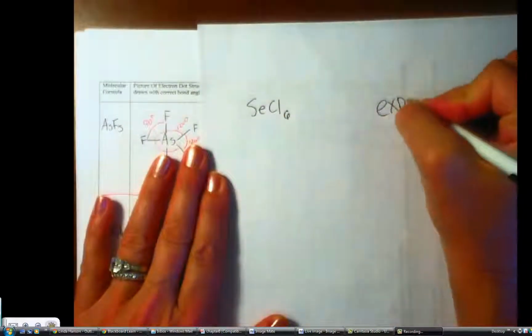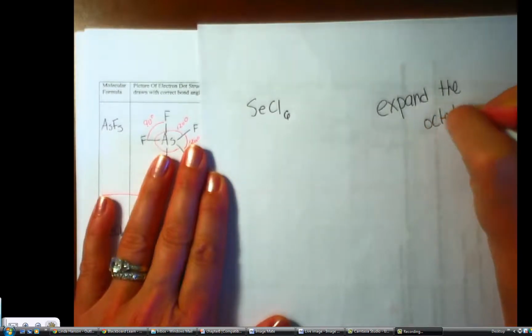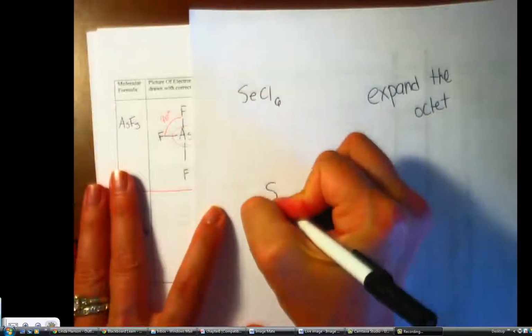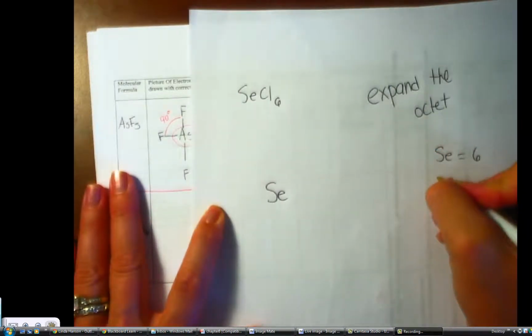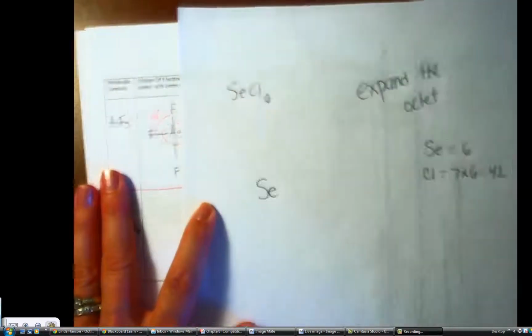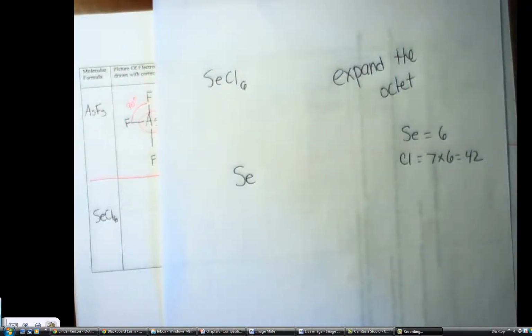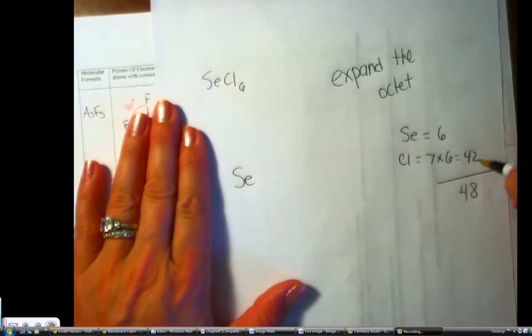So you can see we're going to expand the octet in our last example as well, pulling from a 6 domain. So we said selenium with 6 electrons, chlorine who has 7 electrons, but there's 6 of them there, so that's 42 electrons that chlorine will, each of those will donate. Total number of dots we have to place are 48 electrons.